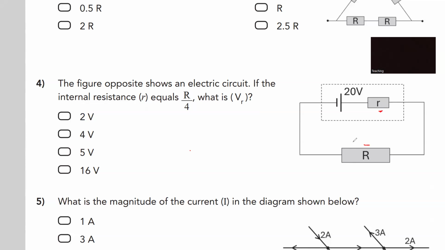And we already know the formula for this, that EMF is equal to I into small r plus I into big R. If you don't remember this formula, you can also use the Kirchhoff law to find the actual formula for this question. Okay, if we use Kirchhoff law, we can see that this is my loop.